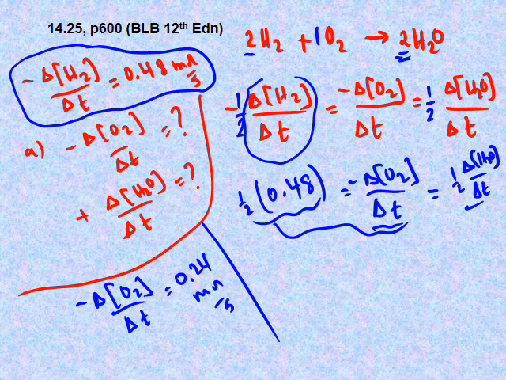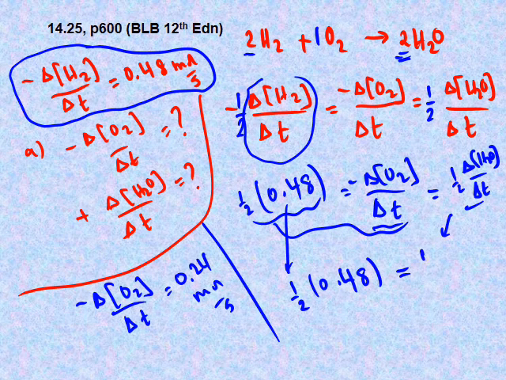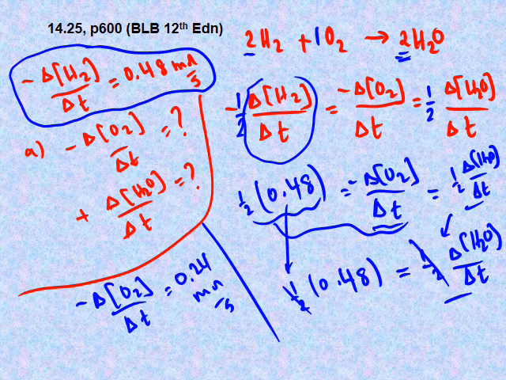But if you want to write it mathematically, it would be half of 0.48, that's for hydrogen, and that's equal to half of delta H2O over delta t. From algebra we know that half and half cancel out, so delta H2O by delta t equals 0.48.